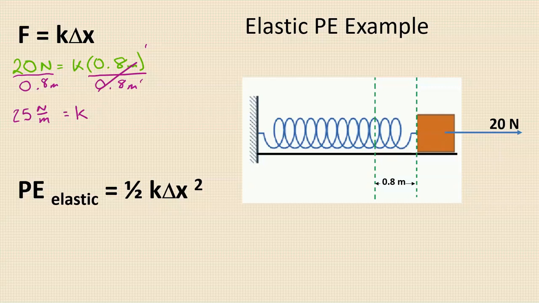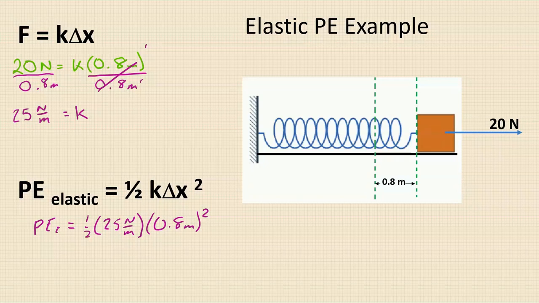So it says for every 25 newtons we apply to that spring, it should stretch 1 meter or be compressed 1 meter. So now we can put that spring constant down into the elastic potential energy equation. So we put in the 25 newtons per meter times 0.8 meters squared. I highly recommend that you put that 0.8 meters in parentheses and square that. So it reminds you you're squaring everything in there, including the units.